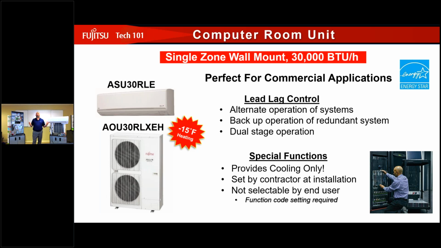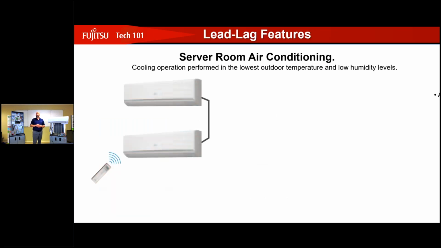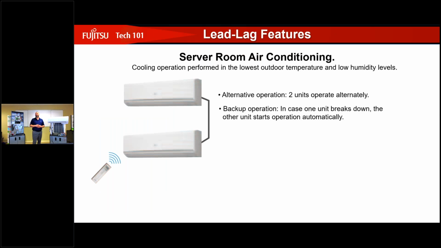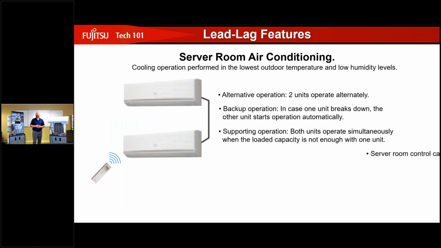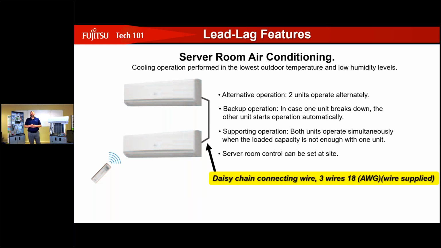This way you don't have the end user going in there and saying, oh, maybe it's a little too cool in this room, let me turn on the heat on these servers. All right, so you do have the ability to do that. And it's basically just jumping the wires across the two that allows that communication.